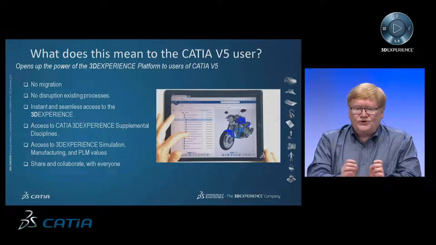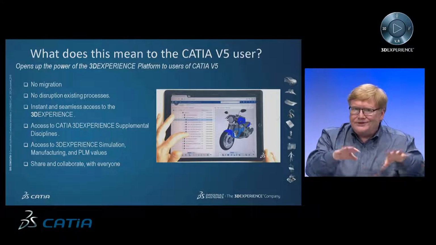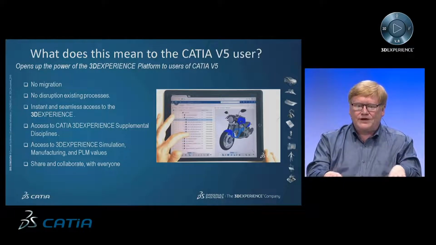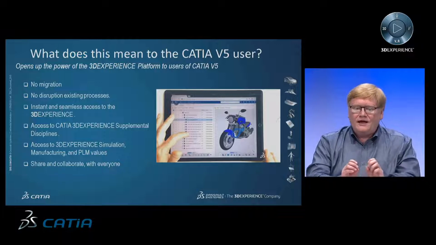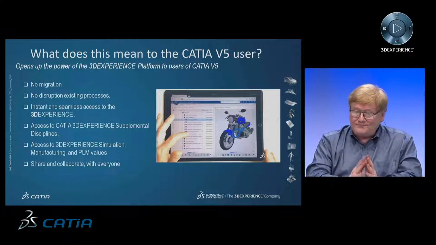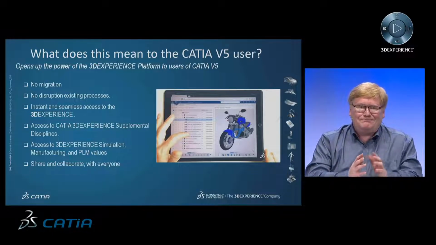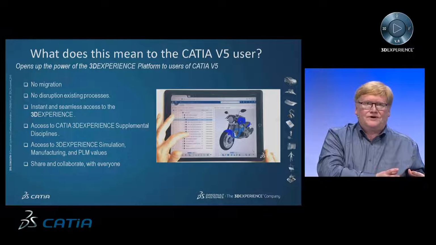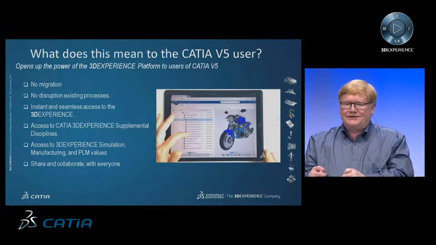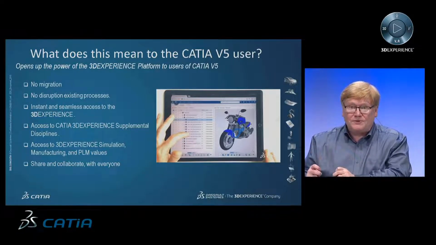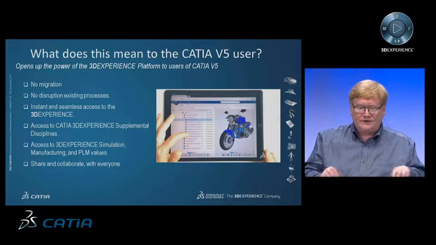So what you get is the instant and seamless access to the 3D Experience platform. Not just you, but the people who need the data you create, the models you create. You get access to CATIA 3D Experience supplemental disciplines. And we're going to talk a lot more about those, where you can start really basing your design on your CATIA V5 work and extending it using some of the exciting new capabilities that you don't have on CATIA V5.